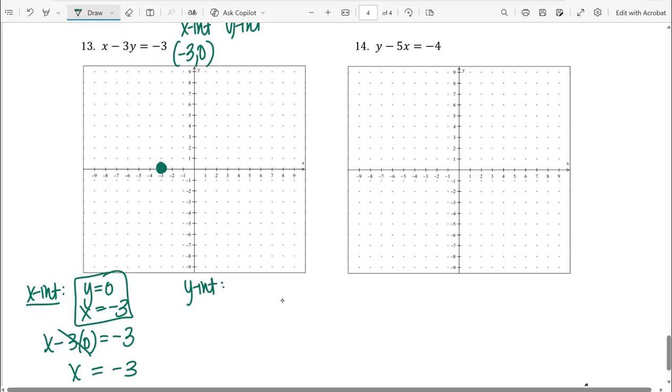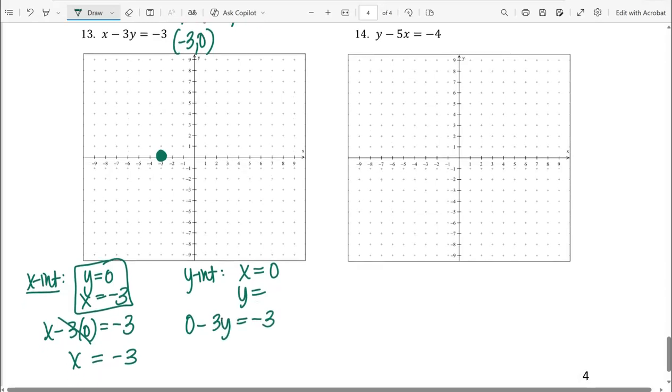For my y-intercept, I go the other direction. X equals 0. Find a y. So 0 minus 3y equals -3. But 0 minus 3 does nothing for me. I have -3y equals -3.